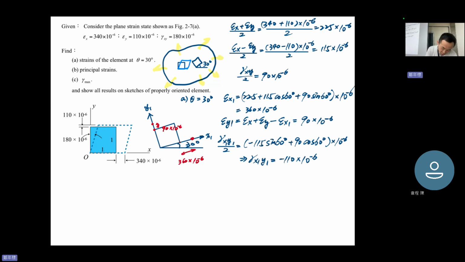The negative will go to the left-hand side. So now you are ready. See? This is the direction. This is the shear direction. Connecting them, all right, so this is the strain element. So it will look like this.